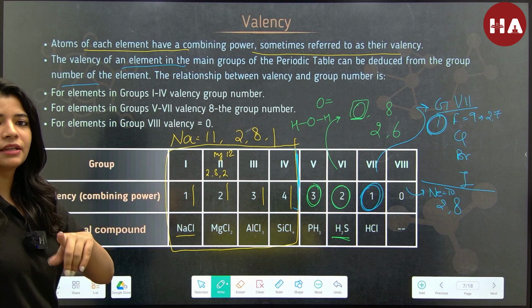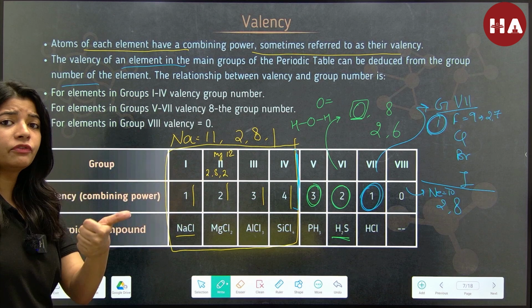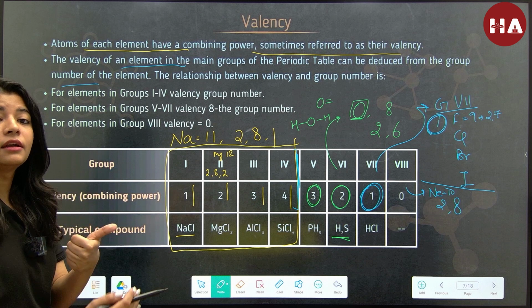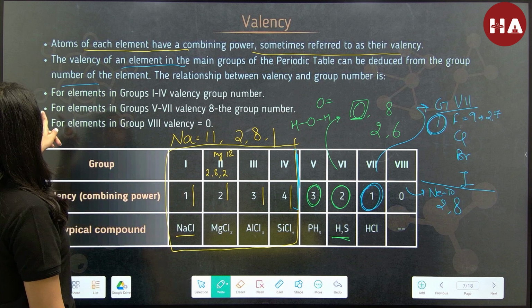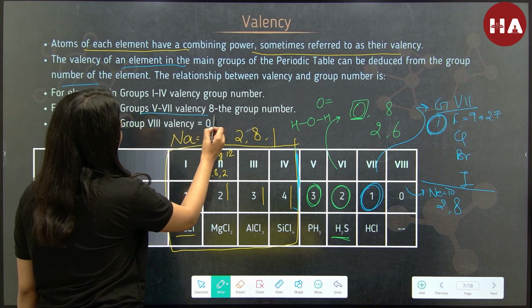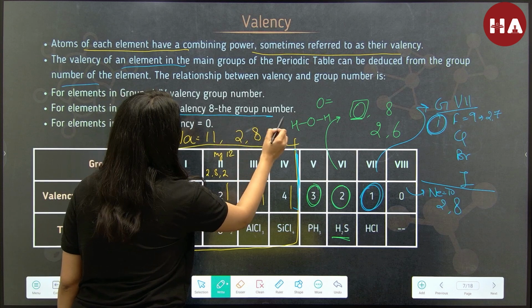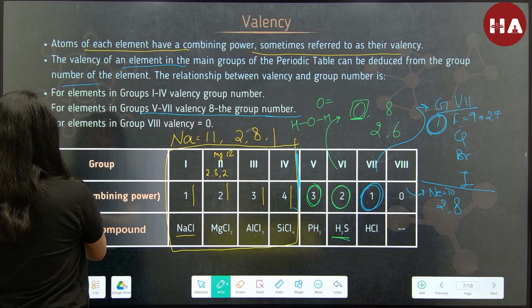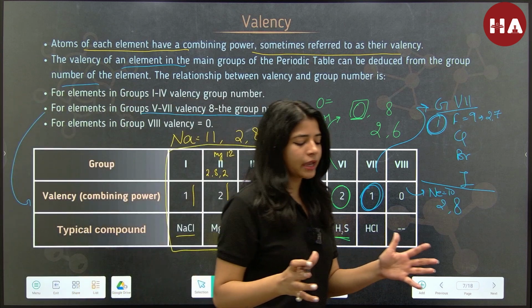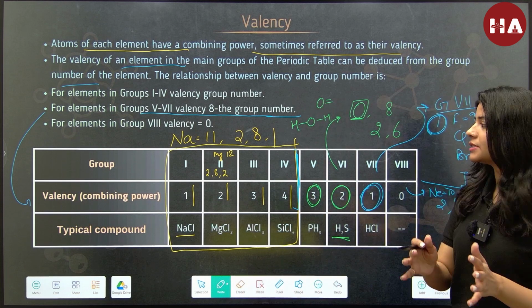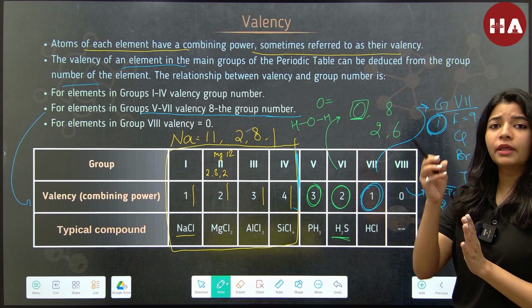So you can see the trend in valency that it first increases and then it decreases. For elements in groups 5 to 7, valency is 8 minus the group number. That we have already discussed. I hope this is understood by you. Take a minute here, pause and quickly write down the important points.